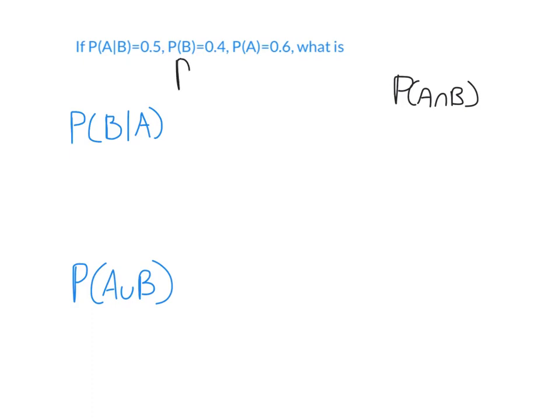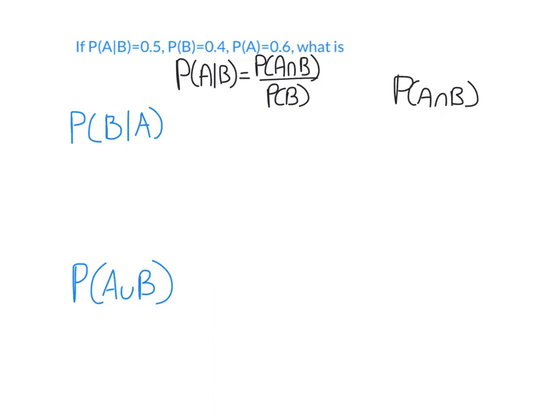The formula I gave in the previous slide said probability of A given B is equal to probability of A and B, and whichever one's listed second goes on the bottom. Because B was second, it goes on the bottom. So I can just substitute the values from up here into this equation.